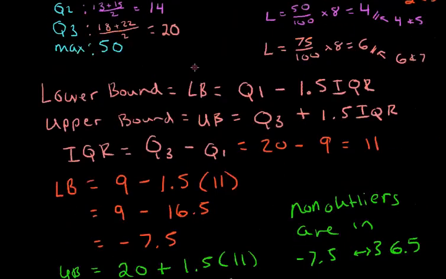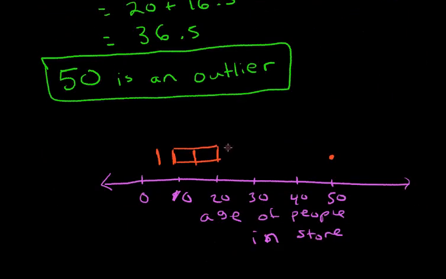So that's where I'm going to put my line for the max up here at 22. So there we go. So we have this dot. That's where the outlier is, and then the next closest observation that is not an outlier, that's where you put your new max. All right, so there you go. This is a modified box plot.